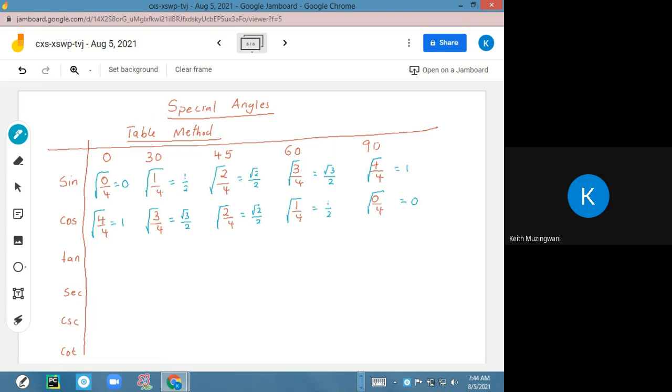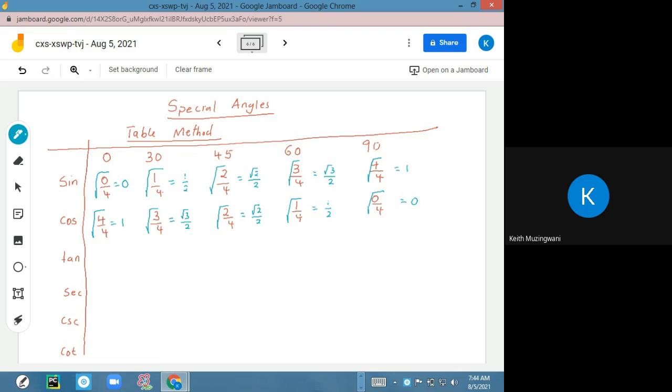So now when you say sine 0, it is equal to 0. Sine 30 is a half. Sine 45, root 2 over 2. So sine 45 and cos 45 are equal. Sine 60, root 3 over 2. Sine 90, 1. Cos 90 is 0. Just like that.